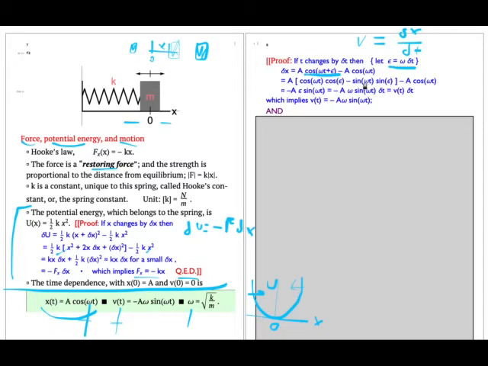But if epsilon is a small number, then the sine of epsilon is approximately equal to epsilon. You know, the sine of 0.01 radians is equal to 0.01, to a pretty good approximation. So for small angles, sine epsilon can be approximated by epsilon, just like cosine epsilon can be approximated by 1.